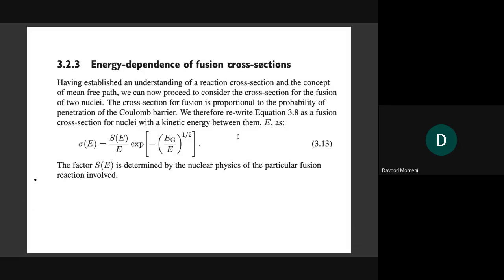So the cross section for nuclear reactions is calculated by nuclear physics methods. You can calculate the cross sections as a function of energy. This S(E) is a function which you can calculate from nuclear physics techniques. But what you see here is the gamma factor.